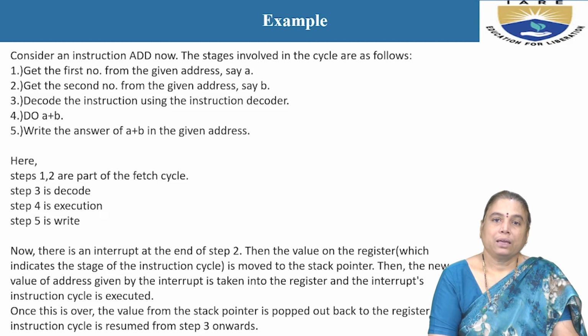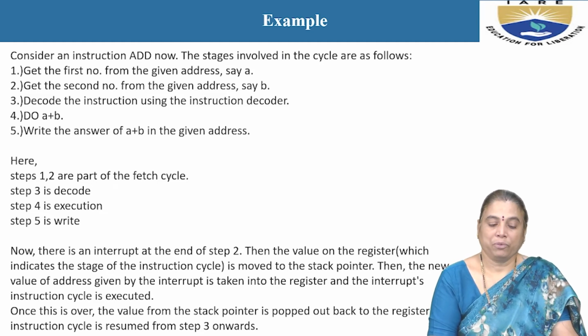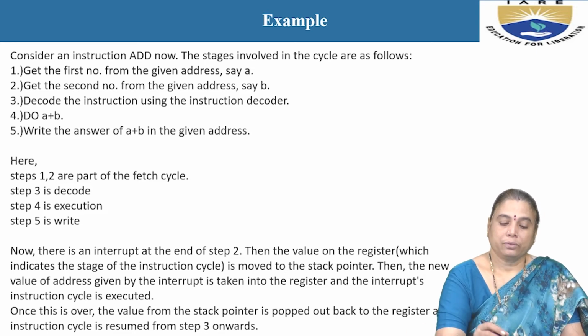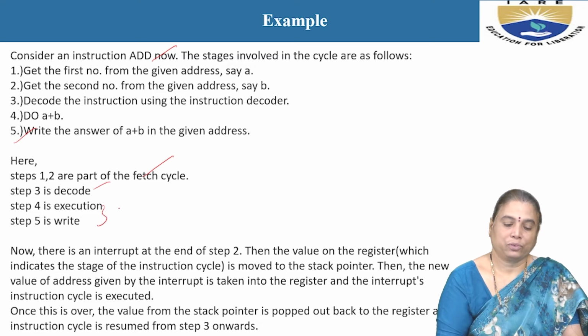So previously, with an example, we discussed how the instruction cycle can be performed. We took one micro operation, that is the add operation, and the steps for executing this: steps 1 and 2 are part of the fetch cycle, 3 is decode, 4 and 5 are for execution.